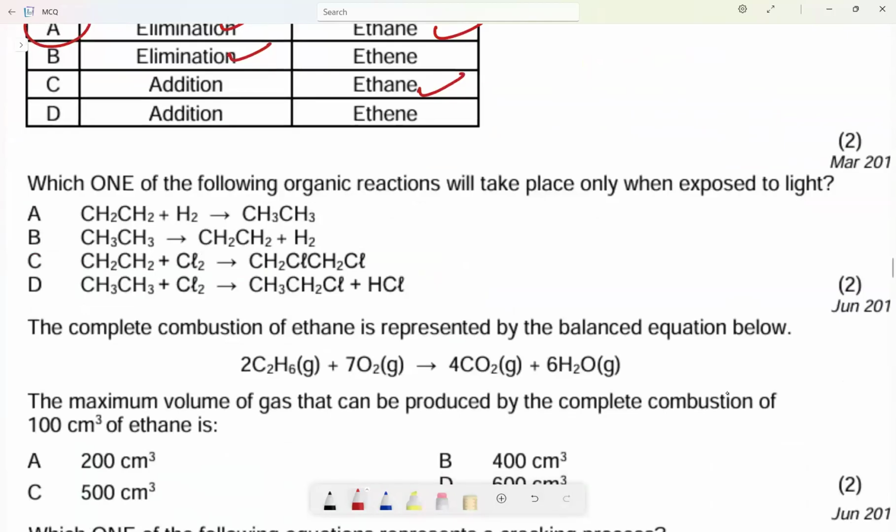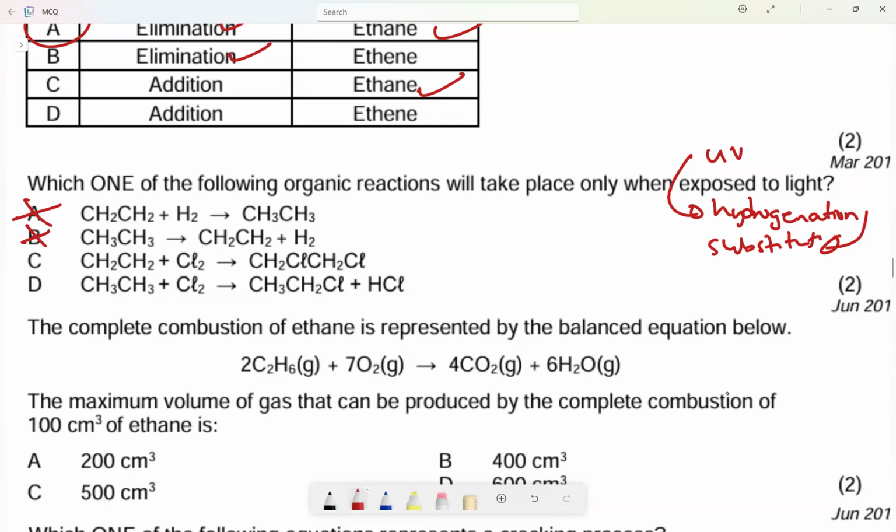They say which one of the following organic reactions will take place only when exposed to light? Which one uses UV light? Okay, remember that the one that uses UV light is what? It is a halogenation, the one that we find in substitution. So this one is halogenation, no. This one is cracking.